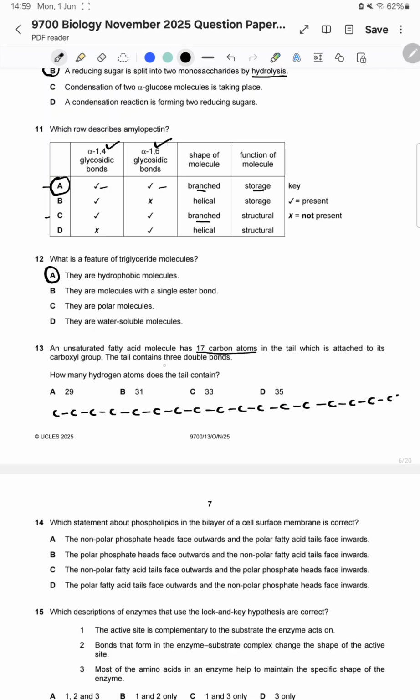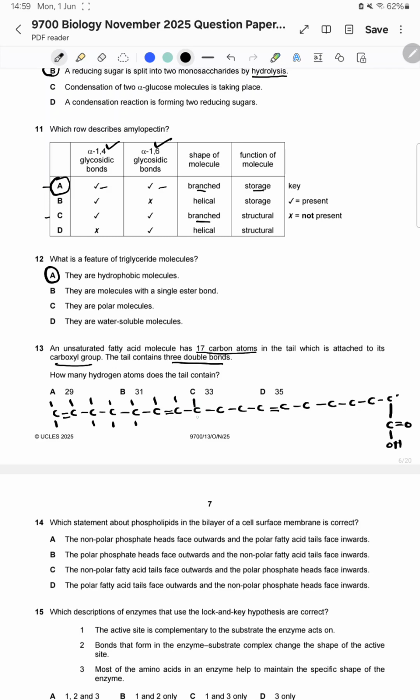Okay, and then a carboxyl group is also attached to it. So let's draw another carboxyl group. And then it says it has 3 double bonds. So let's make 3 double bonds anywhere in the chain. Now let's add hydrogens. Just make sure that every carbon is satisfied with 4 bonds.